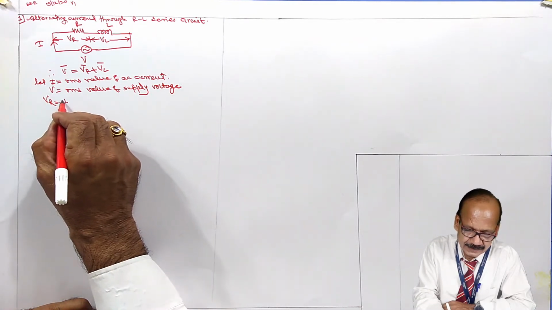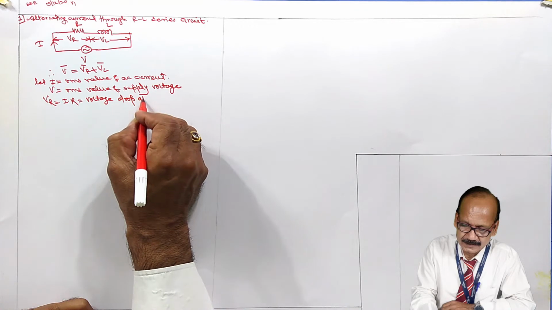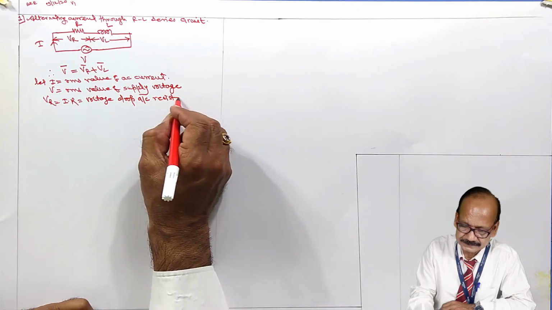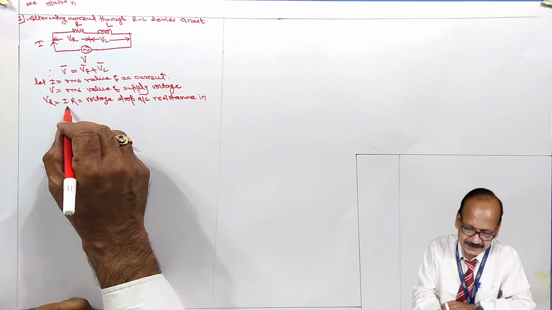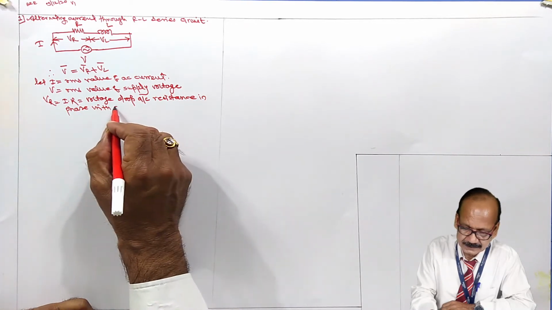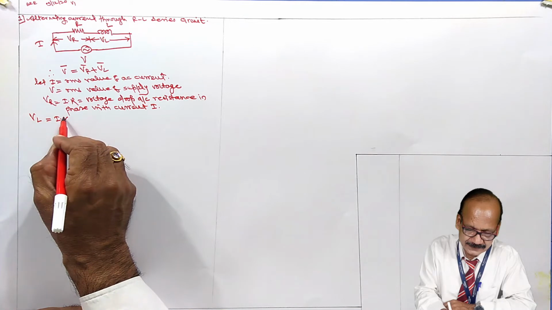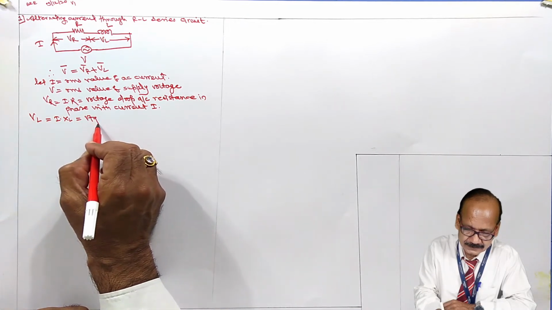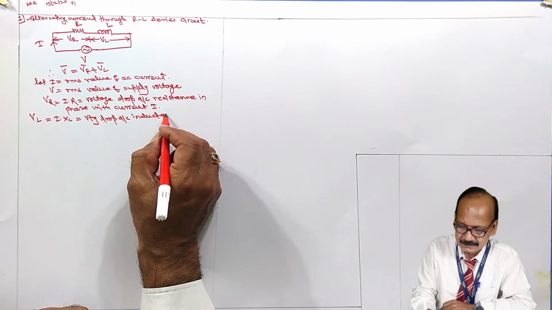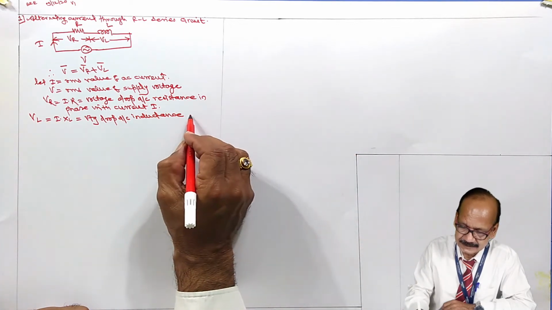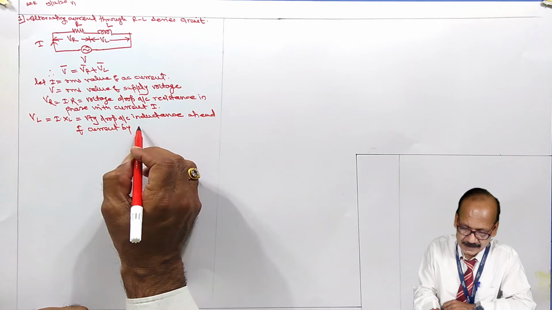V_R equals I into R, the voltage drop across resistance, in phase with current I. Then V_L equals I into X_L, the voltage drop across inductance, ahead of current by pi by 2.